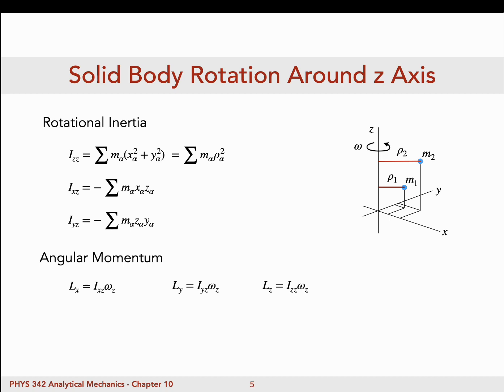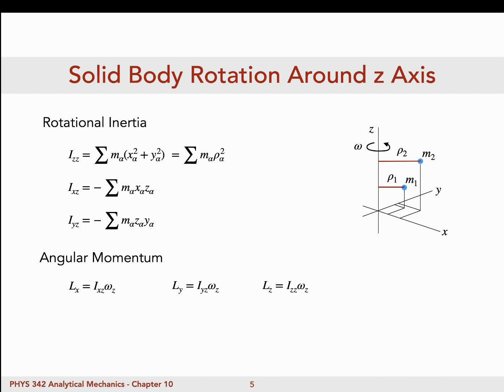One thing to notice is that this term here, the IZZ term, depends on x squared plus y squared, which is simply the square of the distance from the axis of rotation to the mass element. Just using the Pythagorean theorem, x squared plus y squared is the hypotenuse squared, so that's just that distance.